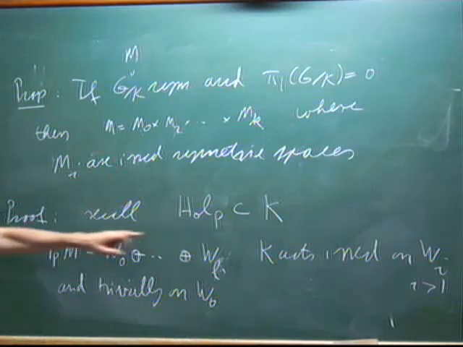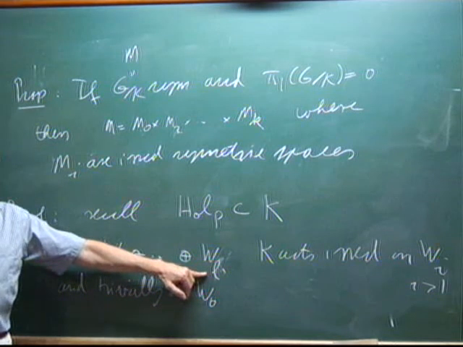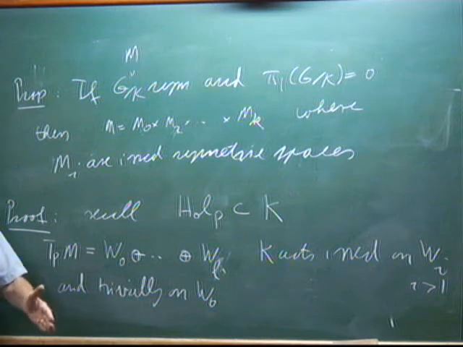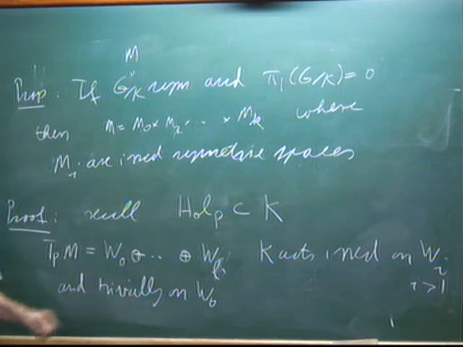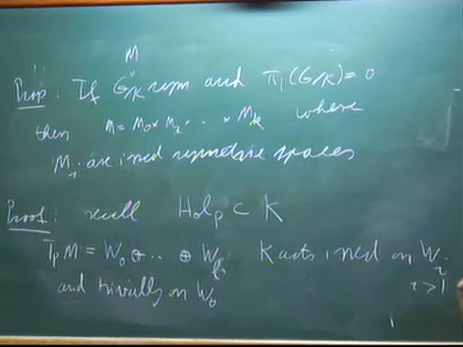Hol_P is contained in K. That means Hol_P also preserves the decomposition, but of course the decomposition may not be irreducible with respect to Hol_P. That means each subspace could split again into a direct sum of irreducible subspaces under the group Hol_P. So let me just say it in words.